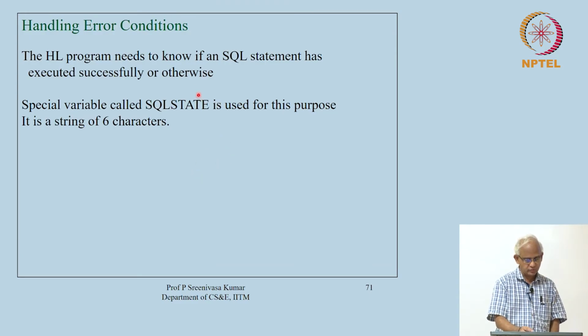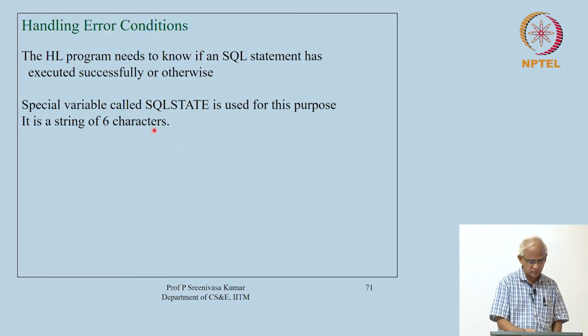For this we have something called SQLSTATE, a special variable through which the database server will indicate what happened when you gave this SQL command to that server. If the command successfully runs, then it will be set to 0. Otherwise, some non-zero value will be set, and that non-zero value will indicate what kind of error has happened during the execution of the command.